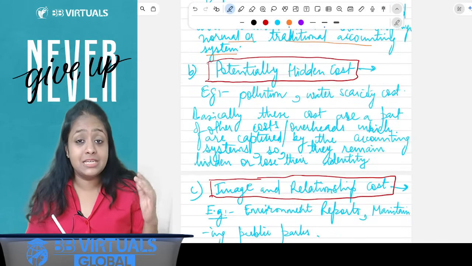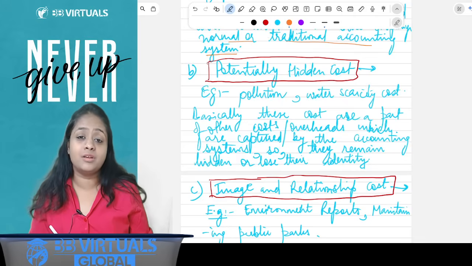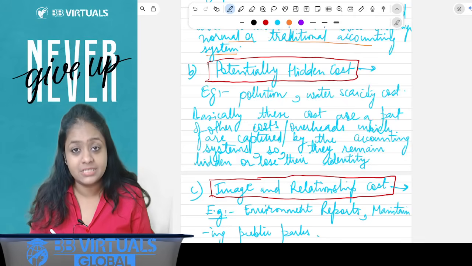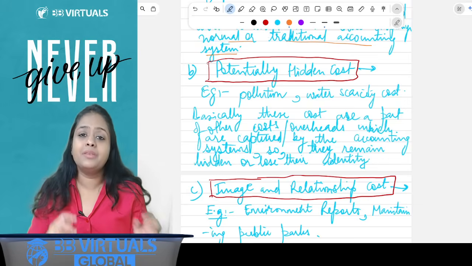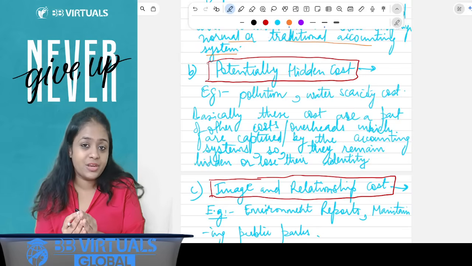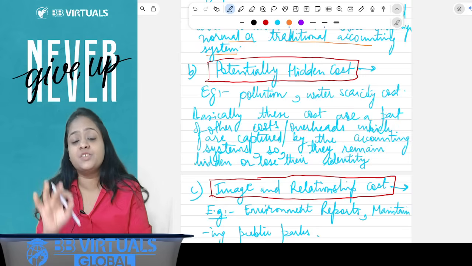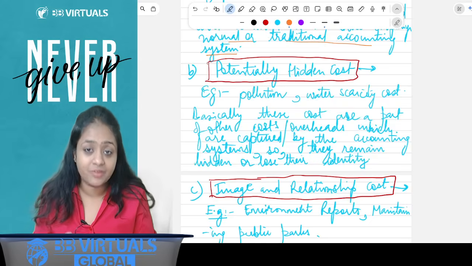Potentially hidden costs are also accounted for in the P&L or in the expenses of the entity, but they are hidden in the overall cost. For example, they are there as a part of overhead cost, general cost, selling cost, but are not specifically shown as environment-related cost.